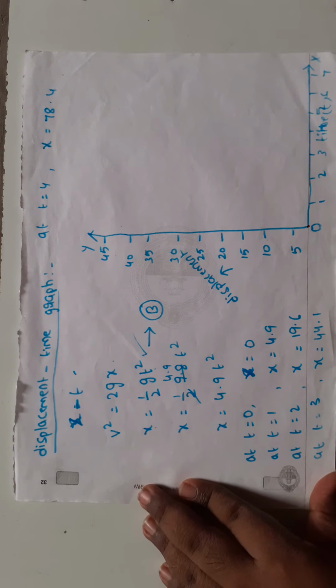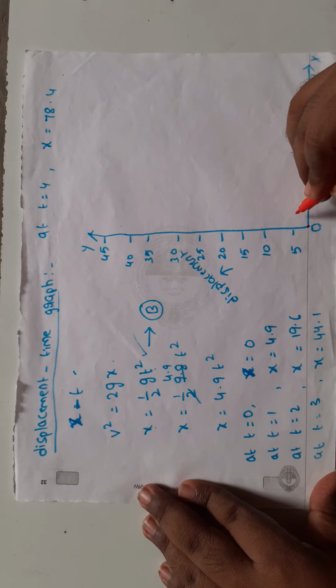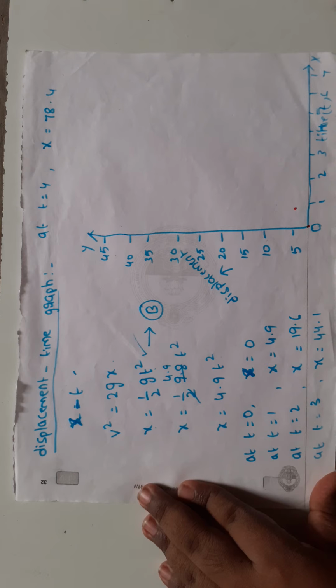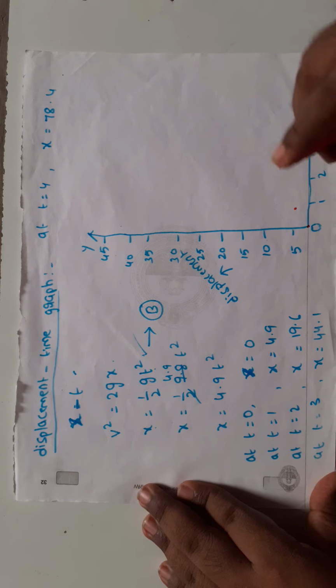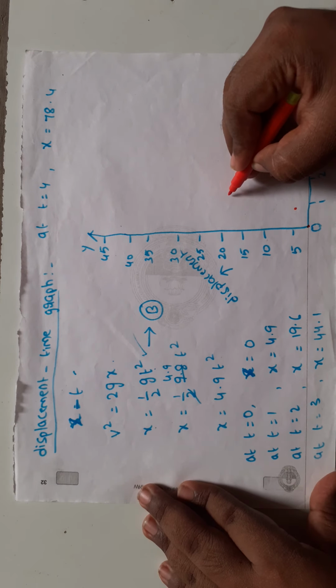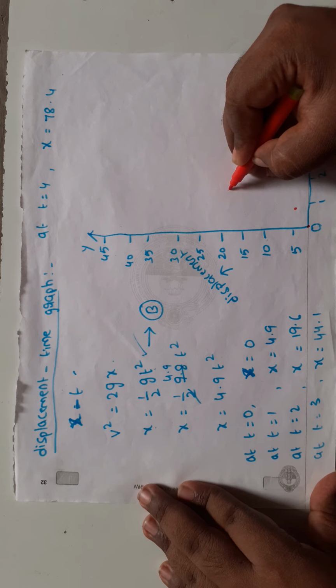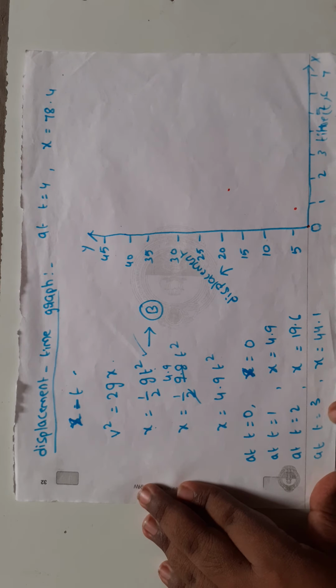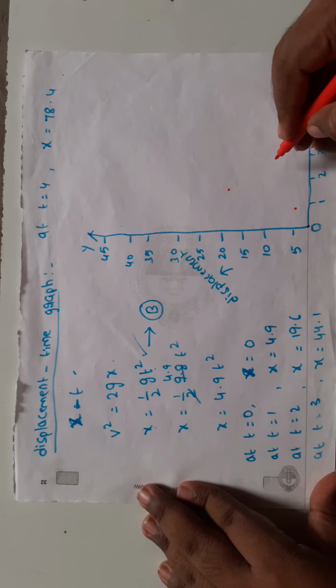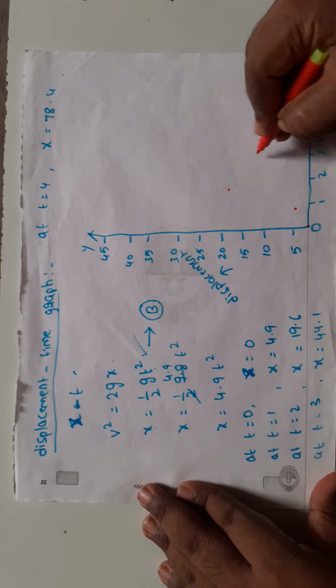At time t equal to 1 second, displacement x equal to 4.9. So 4.9 here. At time t equal to 2 seconds, displacement 19.6. At time t equal to 3 seconds, displacement value is 44.1 meter.